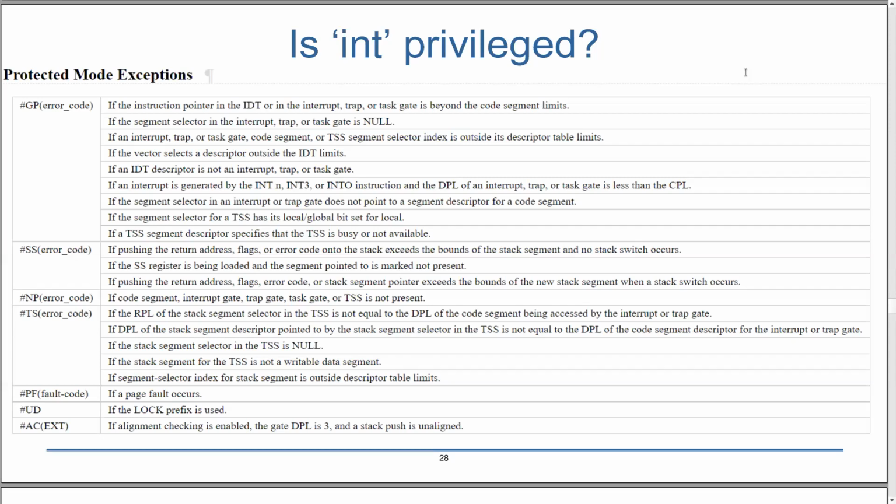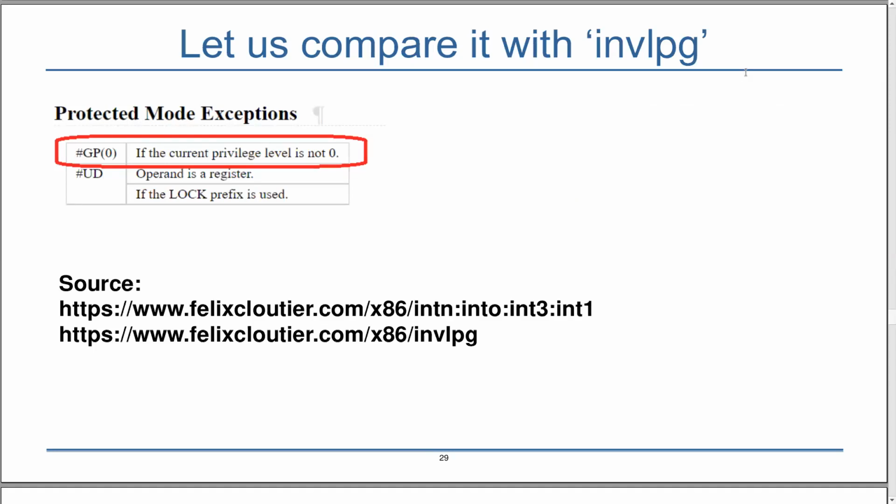Now compare that to a different instruction. For example, invalidate a page. That's something that would manage memory, right? So virtual memory. Now you can see there is a general protection fault. It says if the current privilege level is not 0, which means kernel mode in case of x86, 0 is kernel mode and 3 is user mode.